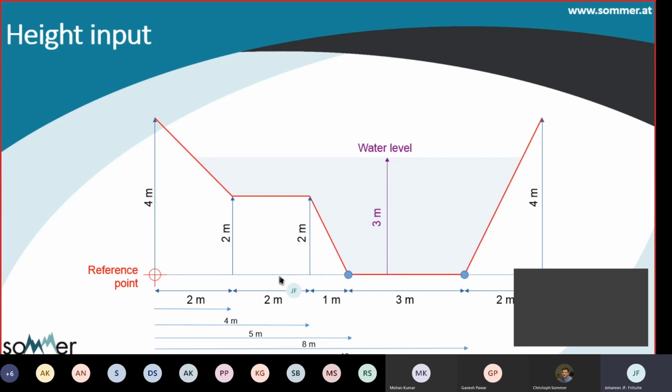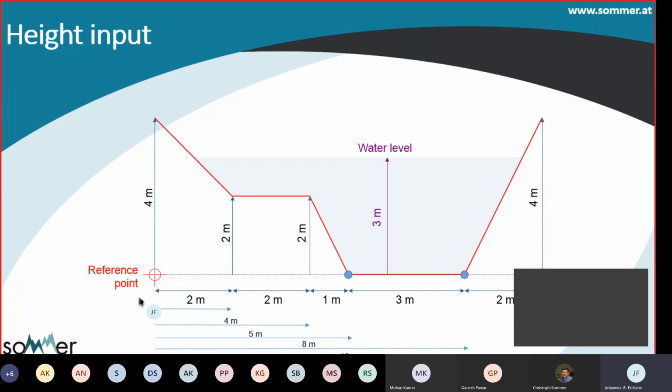From here on, we want to measure the cross-sectional profile. That means the height between the lowest point of the channel and different points along the cross-section. Also, we need a reference point in the horizontal direction.